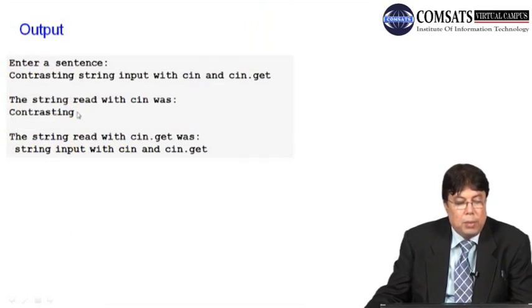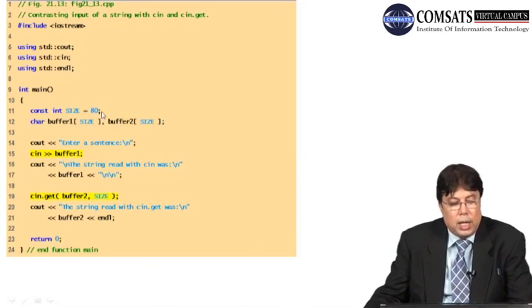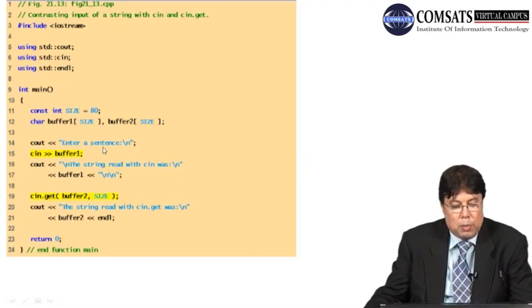Although you typed the whole contrasting string input, as soon as you press a white space it is terminated. Here the buffer is 80, but it will not read 80 characters; as soon as you type a space, it breaks. So after contrasting, when you entered a space, it broke.